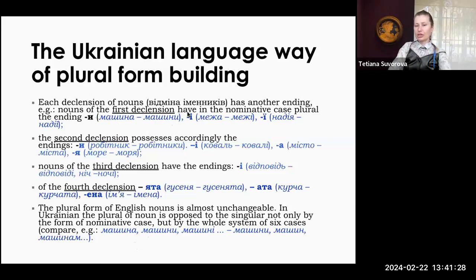We divide, so the ending of plurality depends on whether it is masculine or feminine. So yes, we have different declensions, the first, the second, the third, or the fourth declension. So we should know these characteristics.